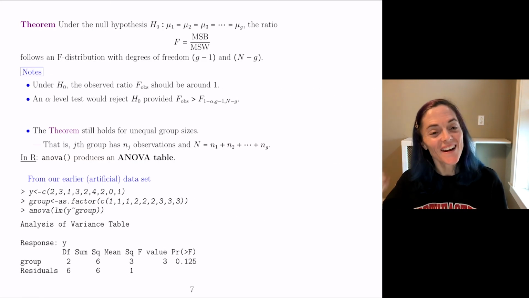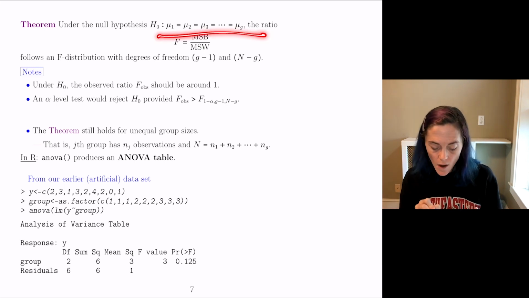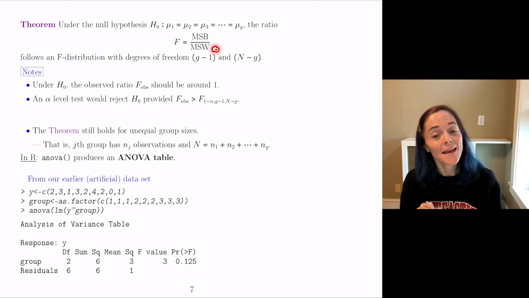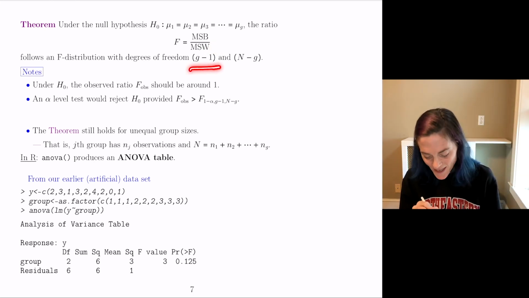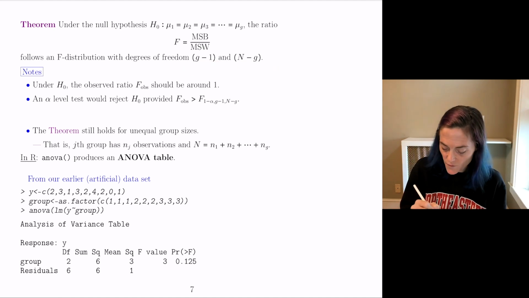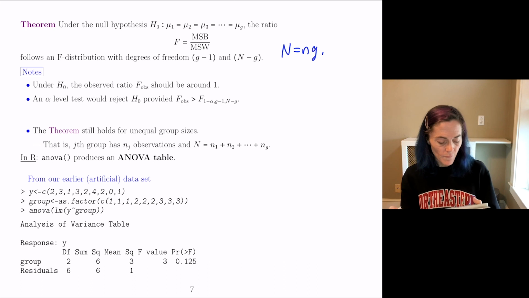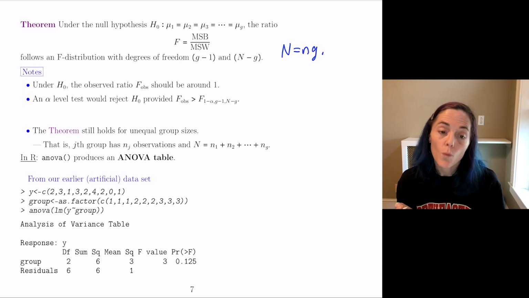So here we go, our theorem under the null hypothesis, which is that all of the means are equal. This ratio, we take mean square between divided by mean square within. It follows an F distribution with g minus 1 and N minus g degrees of freedom. Capital N is n times g. So some notes. Under H0, the observed ratio should be around 1.